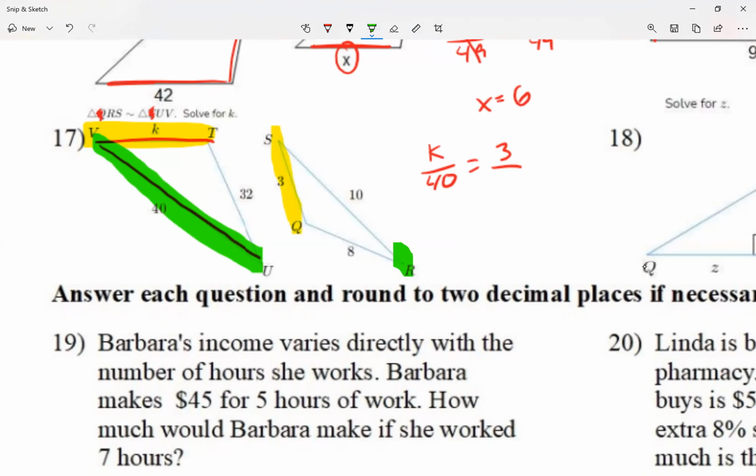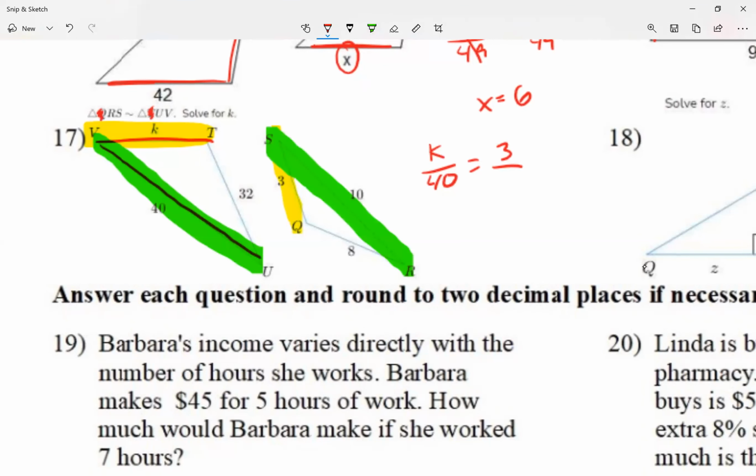That is this one. So 40 goes with 10. Now, why did I do that notation? Right? If you knew that K went with 3 and 40 went with 10, well, awesome, you already knew. I used the notation in case you couldn't tell. Sometimes we're not going to be able to tell, so I'm going to add those letters there to tell you those sides are corresponding. So for you to know what goes with what.